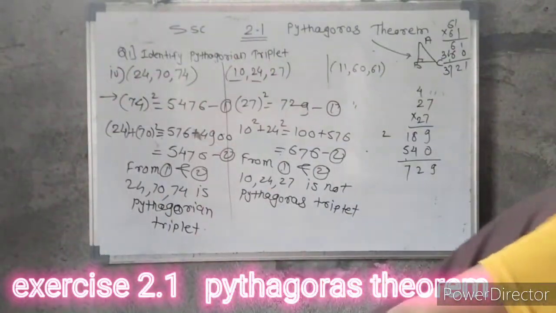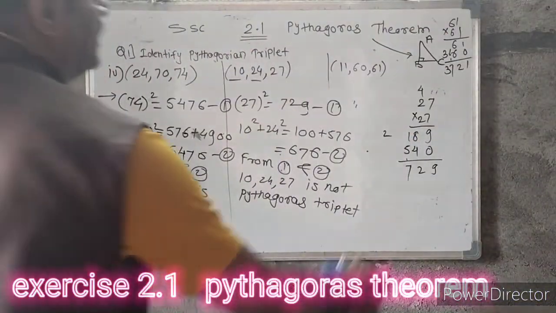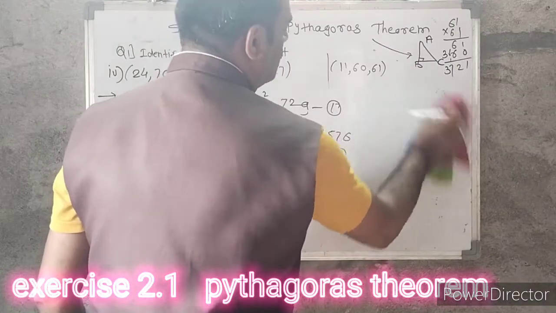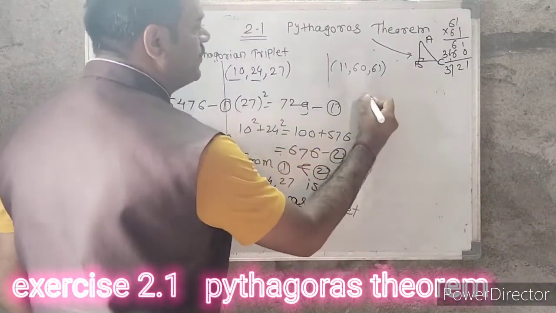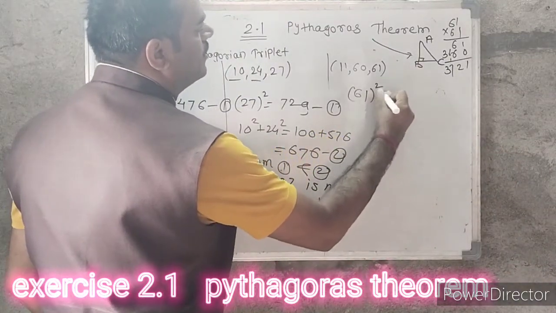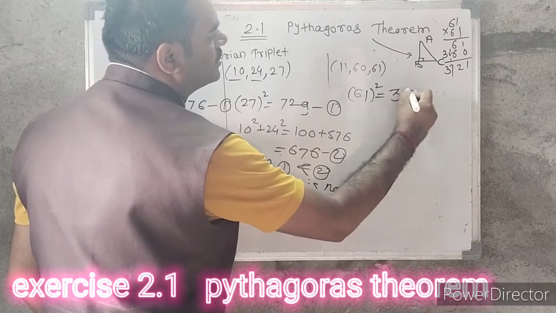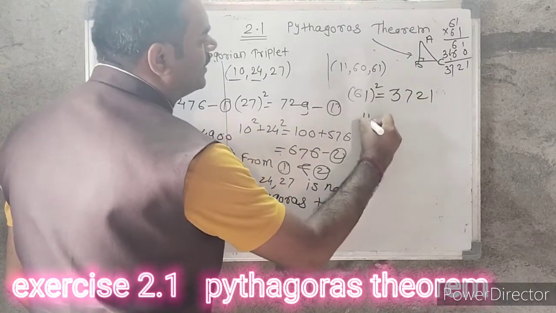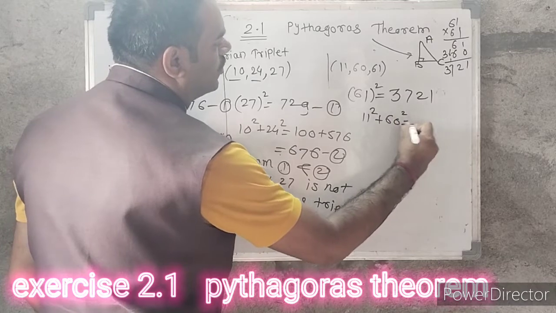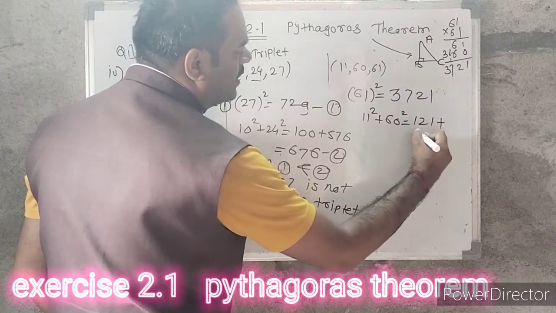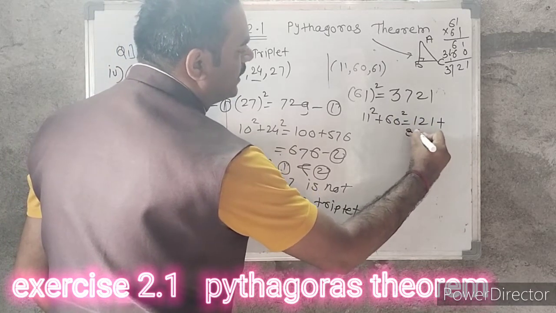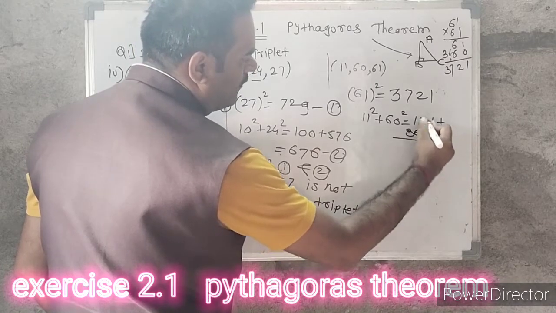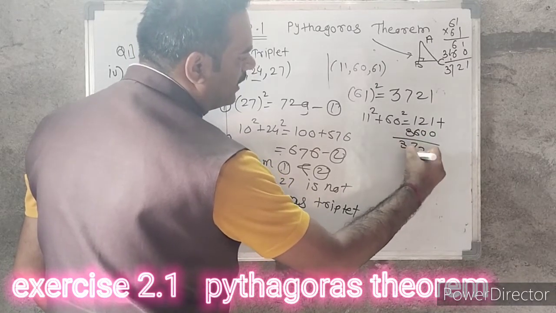Okay, and the last example is 11, 60 and 61. Again you have to do the square of the largest side. Largest side means what? 61. Here 61 squared, that is 3721. Then take the squares of 11 and 60. So 11 squared is 121 plus 60 squared, that is 3600. So 121 plus 3600 is 3721.